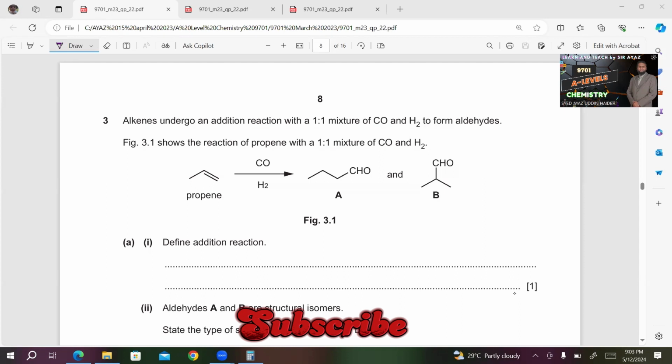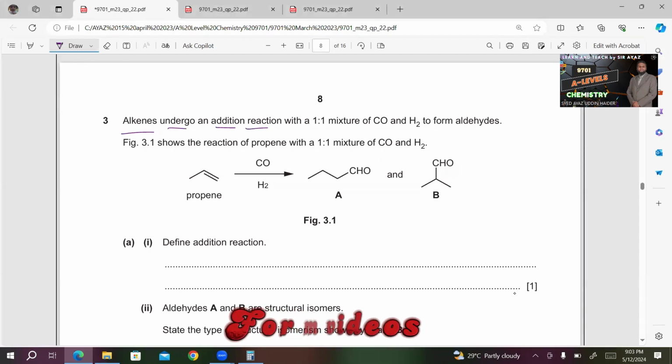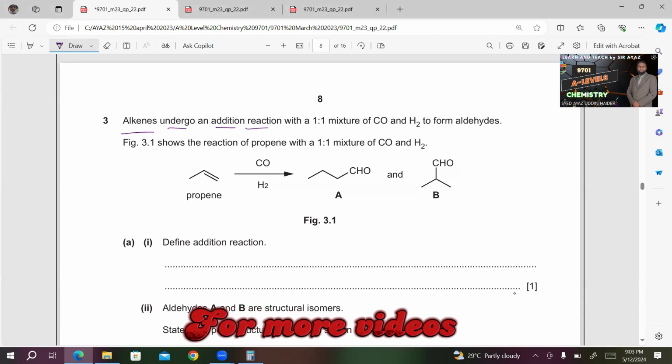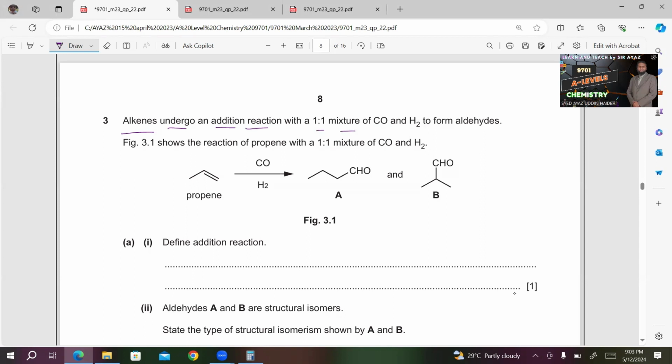Question number 3. Alkenes undergo an addition reaction with a 1:1 mixture of CO and H2 to form aldehydes. Figure 3.1 shows the reaction of propene with a 1:1 mixture of CO and H2. So propene, we have product A, product B, CO and H2 is added. Define addition reaction.